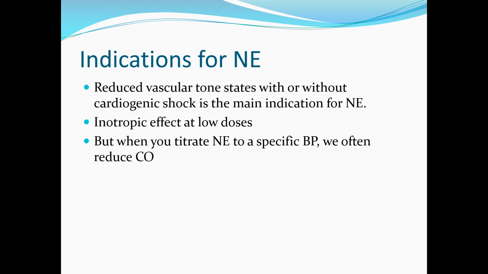So what are some indications for norepinephrine? Reduced vascular tone states with or without cardiogenic shock is the main indication. It can be used for its inotropic effect at low doses and titrated to effect while monitoring the cardiac output. But again, monitoring the cardiac output is the big picture.